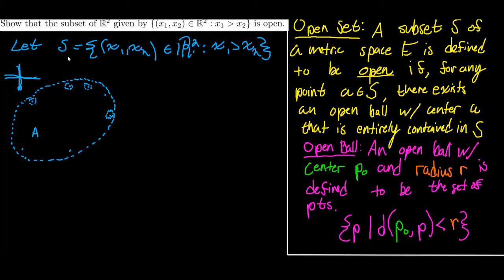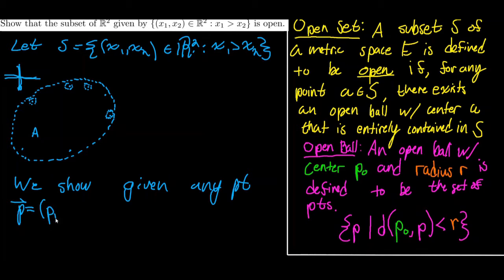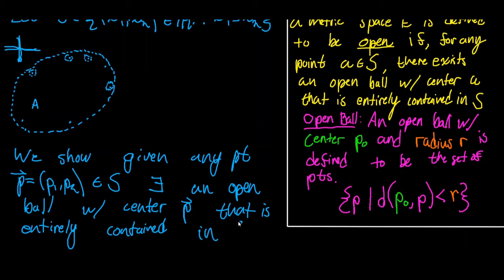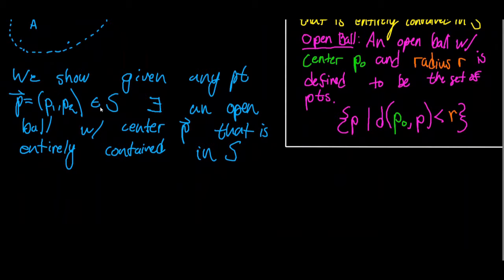We're going to show that any point in S has an open ball that is entirely contained in S. So we show that given any point P, which I'll say is equal to (P1, P2), any point P in S, there exists an open ball with center P that is entirely contained in S. Now, how do we do this?